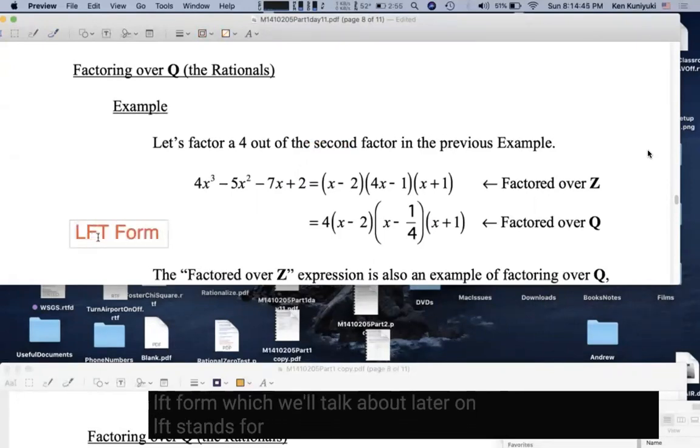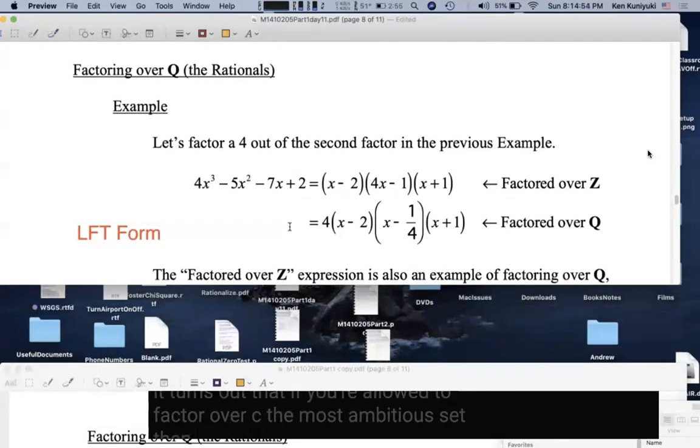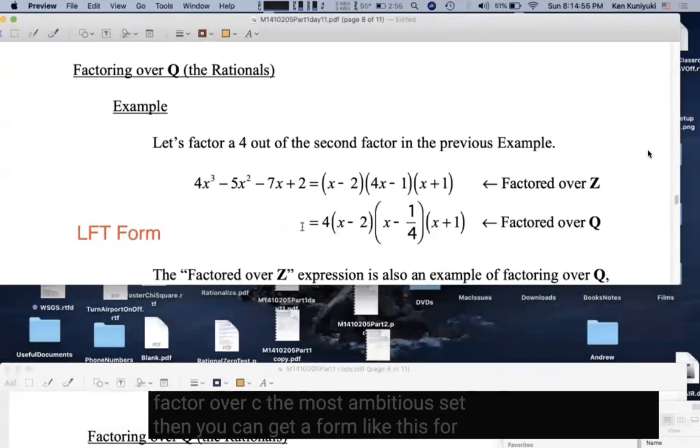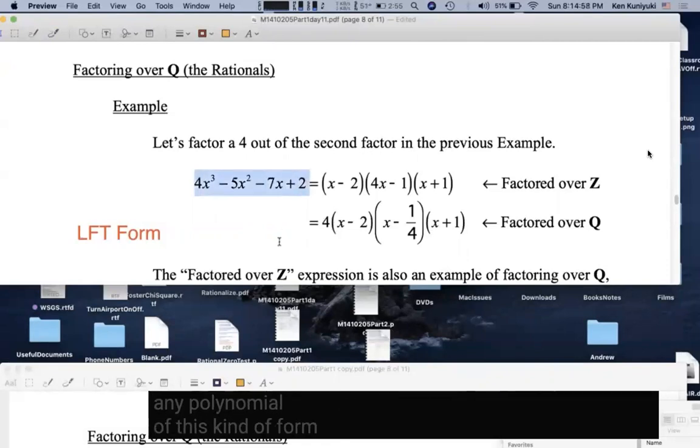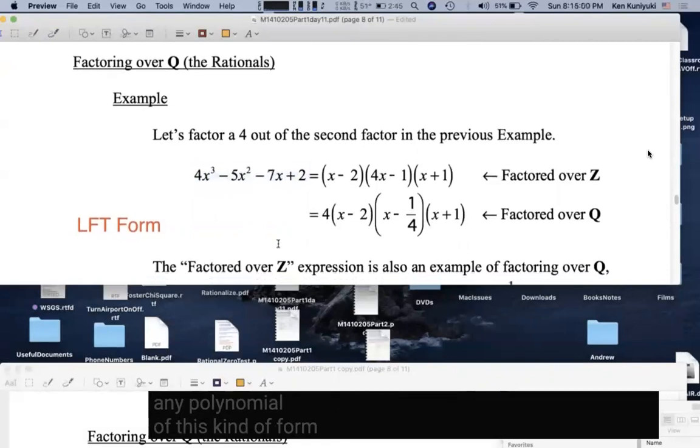LFT stands for linear factorization theorem. It turns out that if you're allowed to factor over C, the most ambitious set, then you can get a form like this for any polynomial of this kind of form. So LFT form. In this case, we factored over Q.